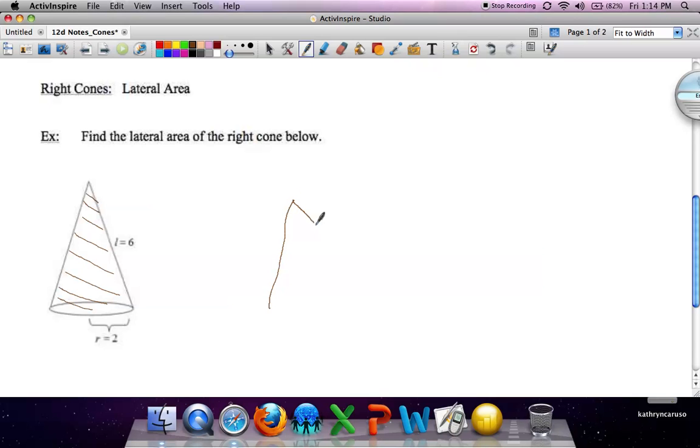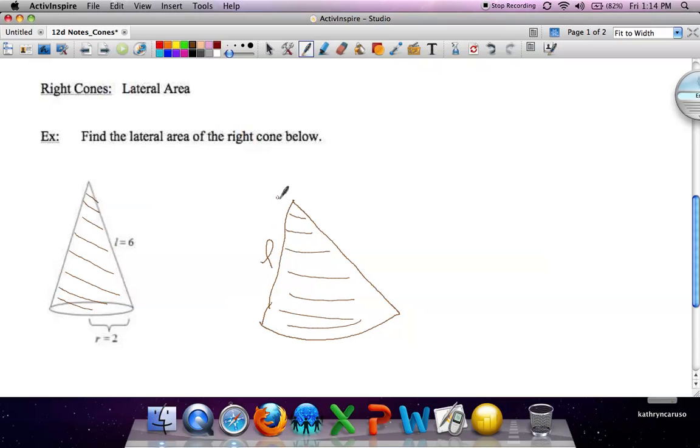It would look like something like this, where L would be the sides here. L are the two sides of this opened up cone. And so I'm going to make this look like this. So that is the whole opened up cone.